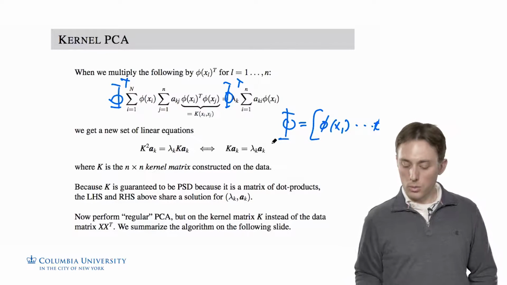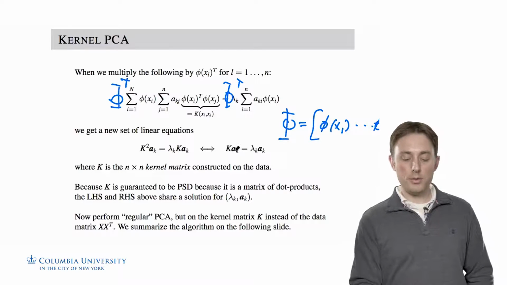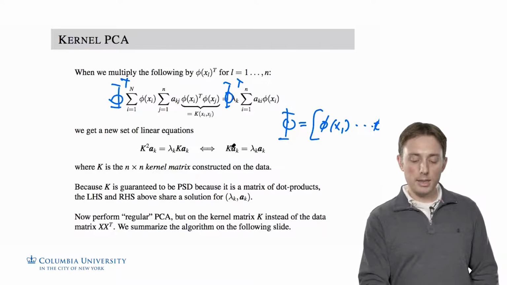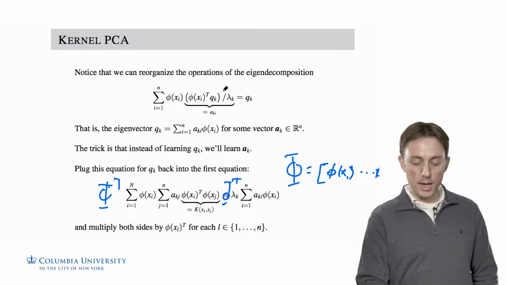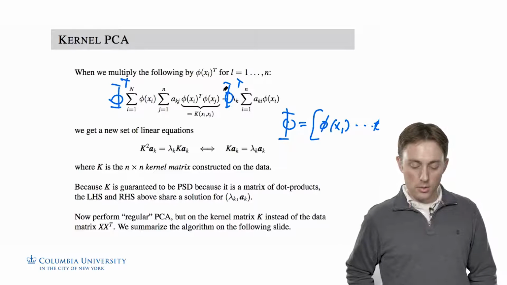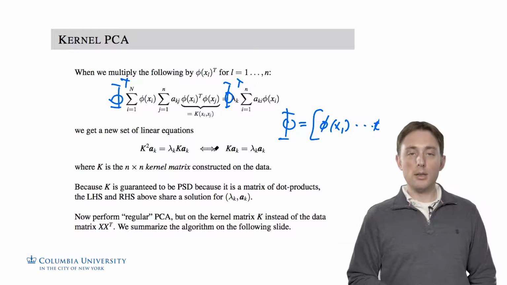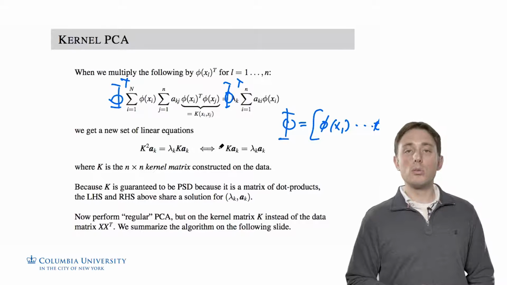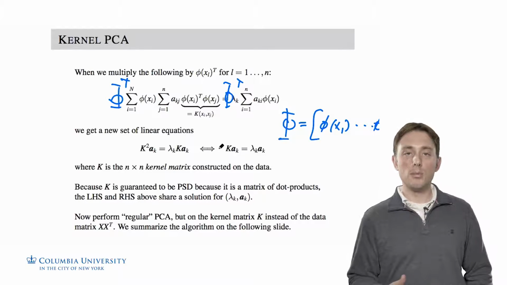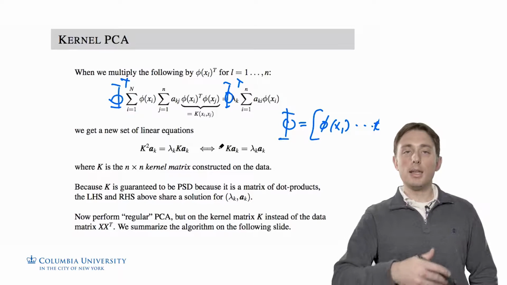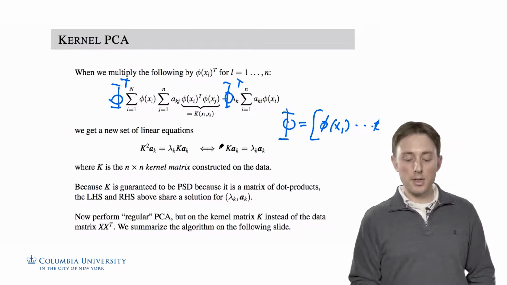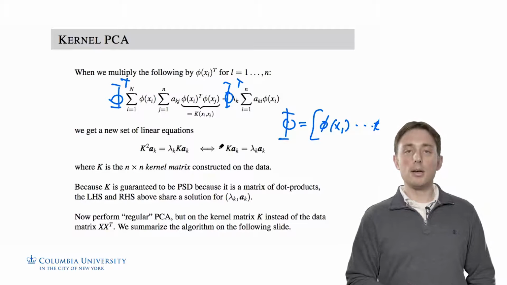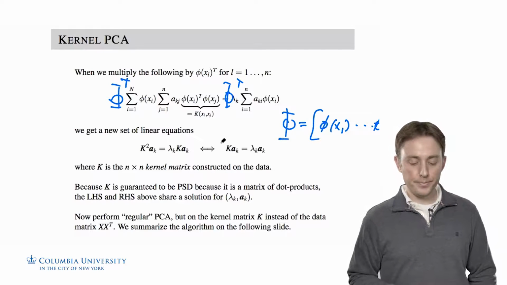So what we've shown, without ever really solving it, is that this AK that we defined on a previous slide is now the kth eigenvector associated with the kernel matrix constructed among my data. And so again, originally I could have mapped the data into such a high dimensional space, like an infinite dimensional space, and now I'm representing it as an eigendecomposition of an n by n matrix, where n is the size of my data.